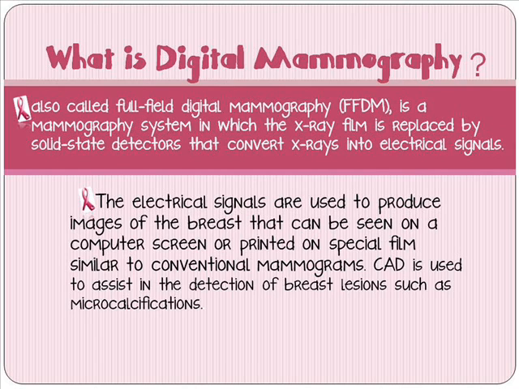These electrical signals are then used to produce an image of the breast that can be seen on the computer screen or also can be printed on a special film similar to a conventional mammogram. The computer-aided detector or CAD is also used to assist in the detection of breast lesions such as microcalcification, like a lump that is present in the breast itself.